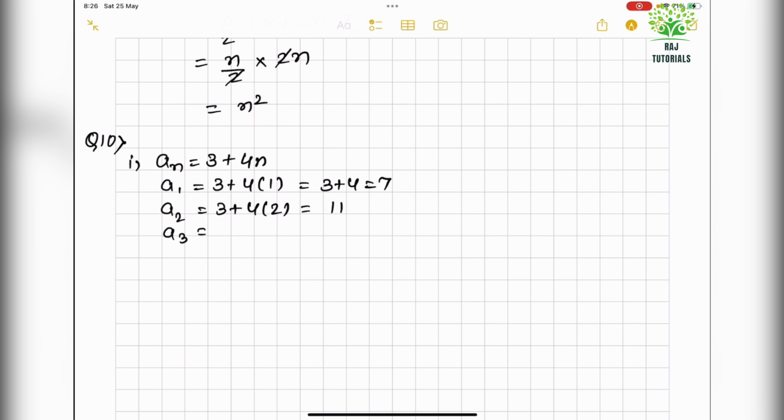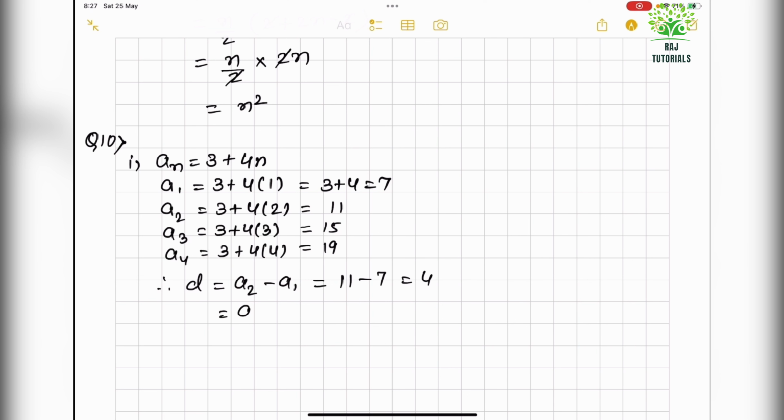A3 will be 3 plus 4 into 3. So that will be 15. A4 will be 3 plus 4 into 4. So 19. So D equal to A2 minus A1, that is 11 minus 7, 4. A3 minus A2, that is 15 minus 11, that is 4.